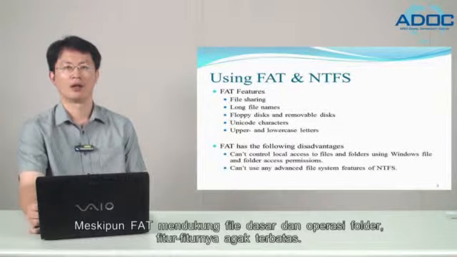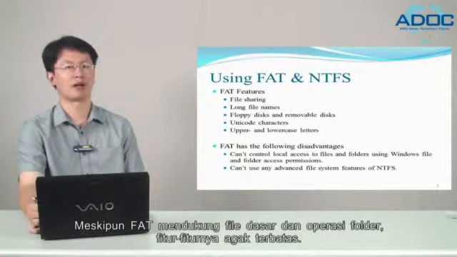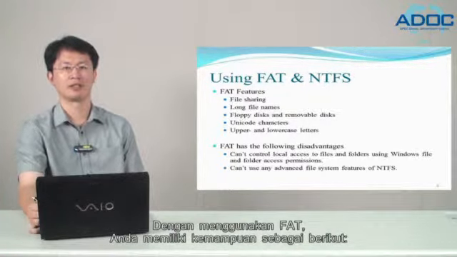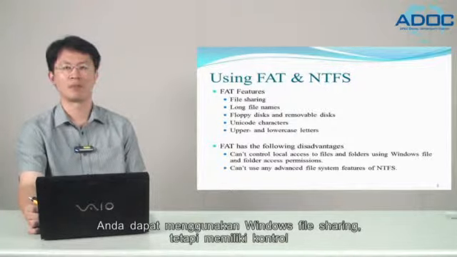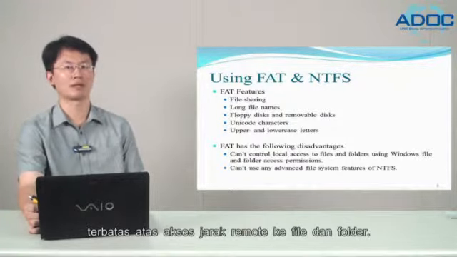Although FAT supports basic file and folder operations, its features are rather limited. By using FAT, you have the following capabilities. You can use Windows file sharing but have limited control over remote access to files and folders.